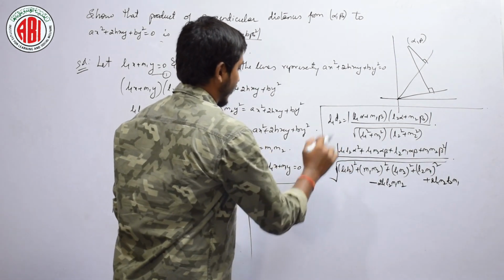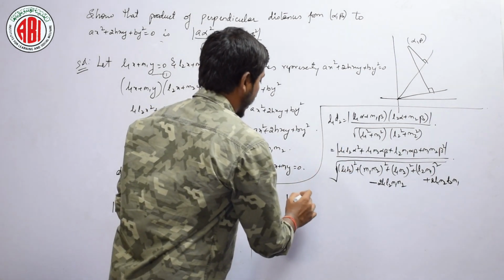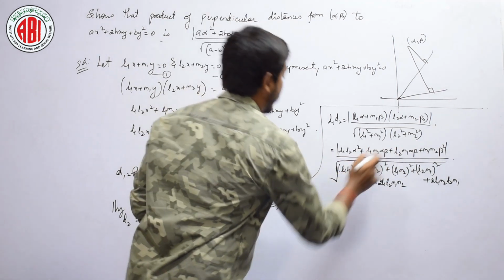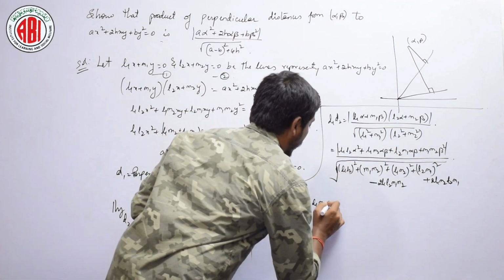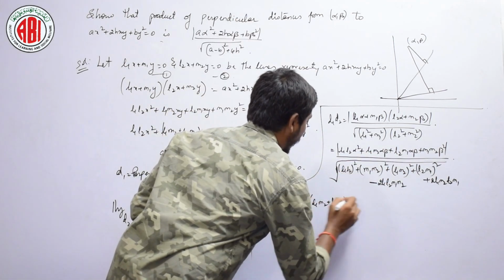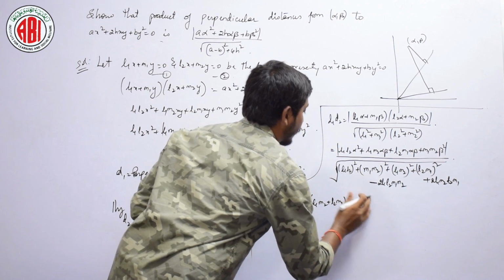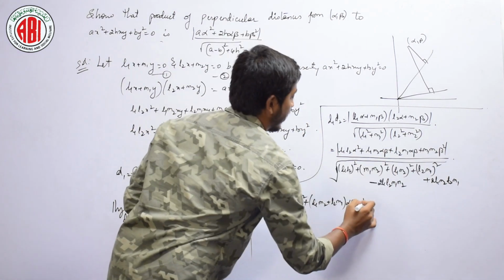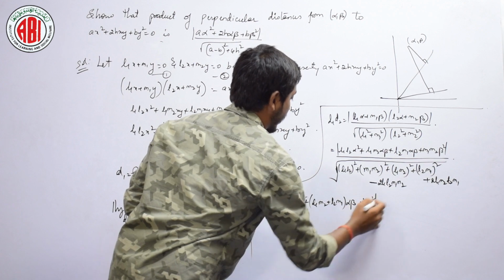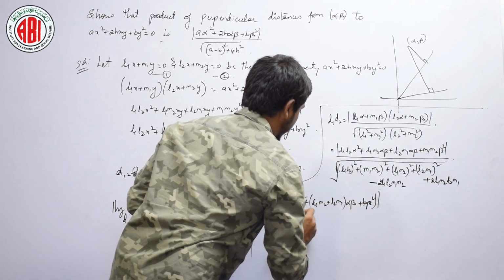Now, tell me what this will be. L1 L2 alpha square. What is L1 L2? A alpha square. Now, let us take L1 M2 plus L2 M1 as common, plus what is M1 M2? That is nothing but B beta square. Is it right?